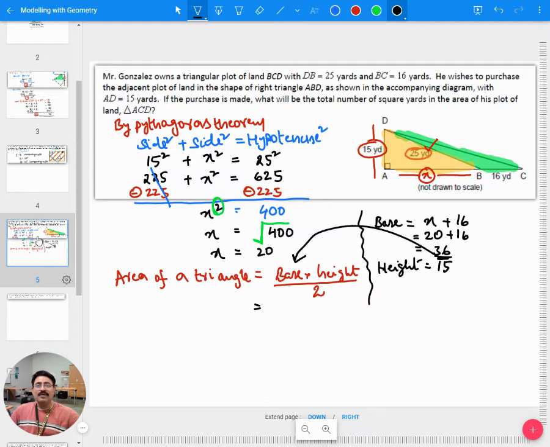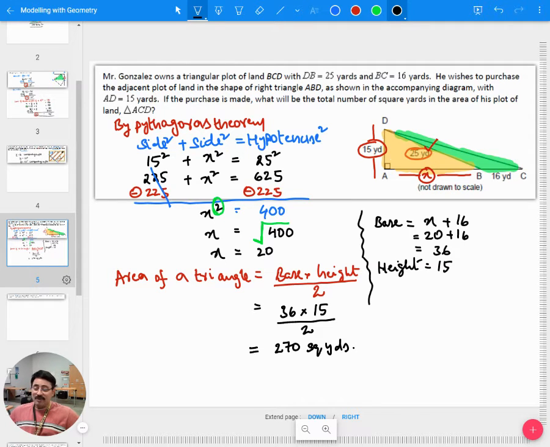Plug it here: base, and you know height, that goes here. Therefore, 36 times 15 over 2. It is 270 square yards.